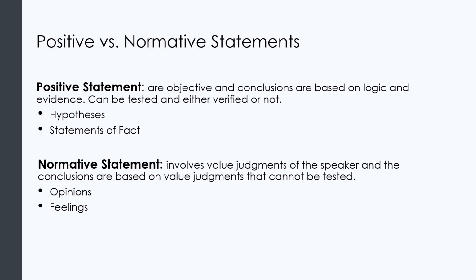So normative statements are often opinions or feelings, and those can't be tested and verified scientifically. They're not less valid. Both positive and normative statements have their place in economics, and we need both of them.